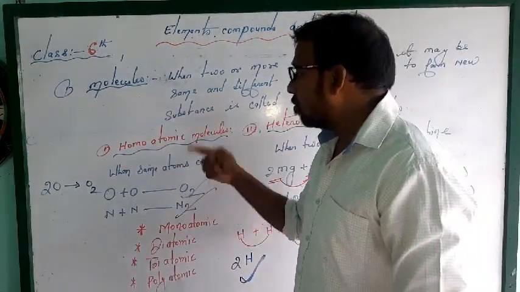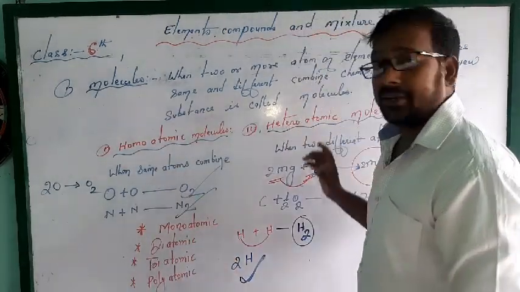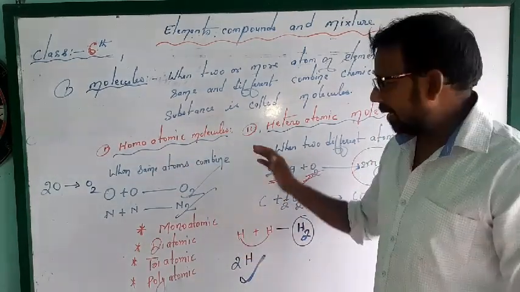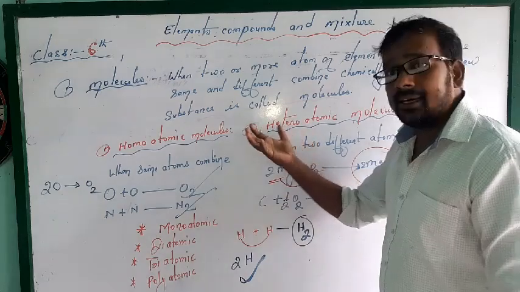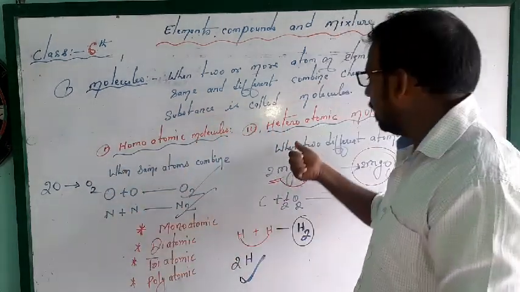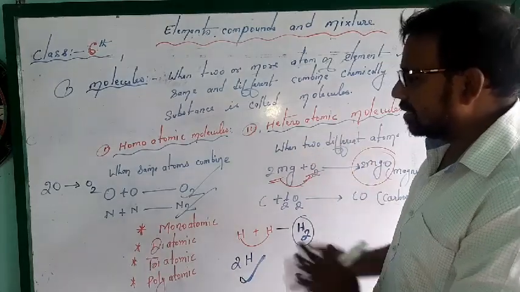It may be homoatomic, it may be heteroatomic. Homo means when two same atoms combine, and hetero means when atoms of different elements combine, which is called heteroatomic. Okay, that is the easy one.